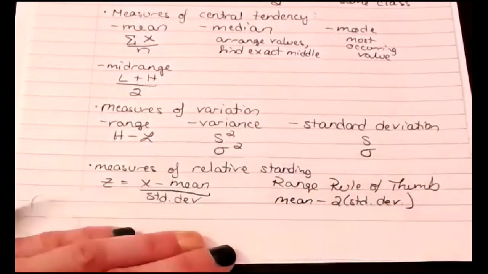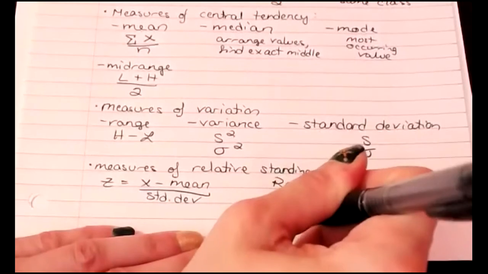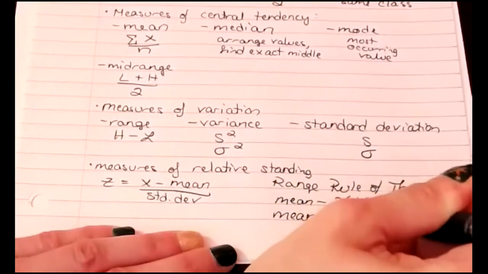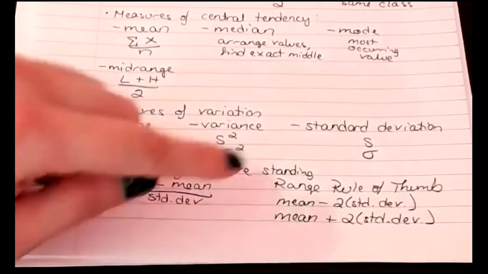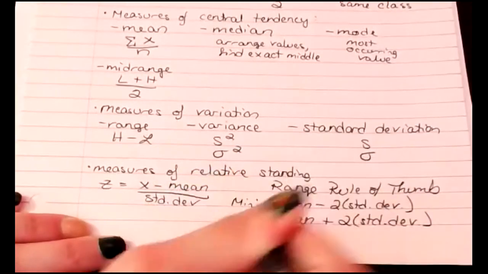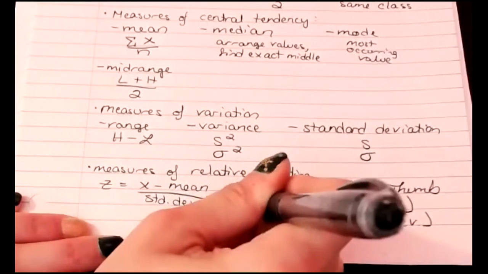Perfection. That's exactly correct. So obviously the smaller one is going to be your minimum, and the larger one is going to be your maximum.